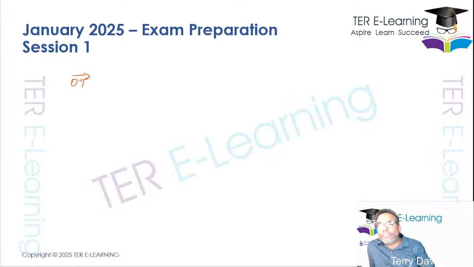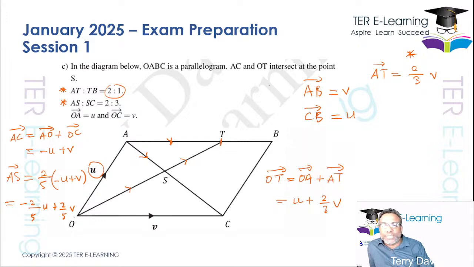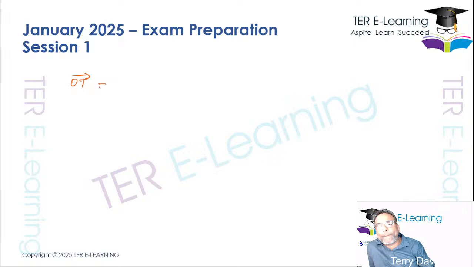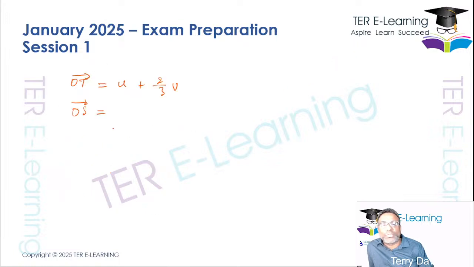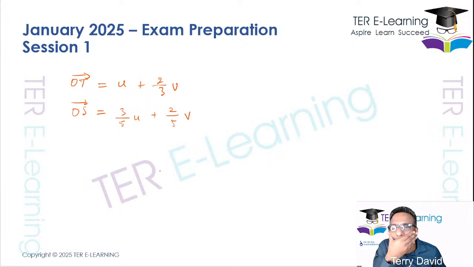The vector OT was U plus 2/3 V. And the vector OS was 3/5 U plus 2/5 V. So all we need to do, there are 2 things we need to show here.